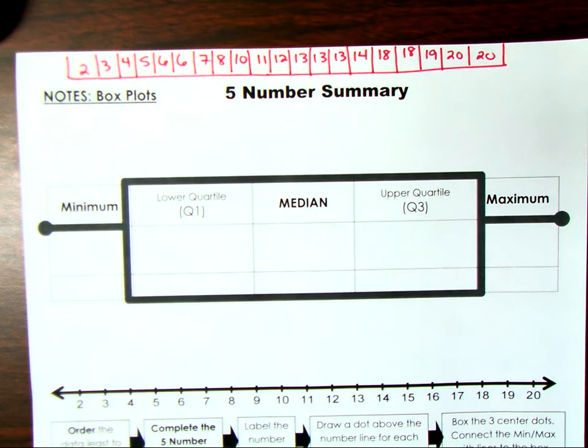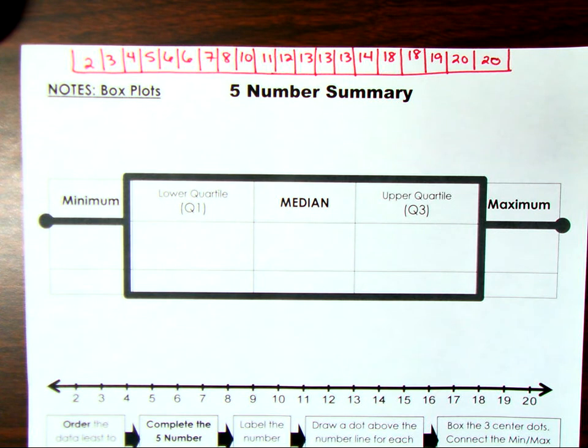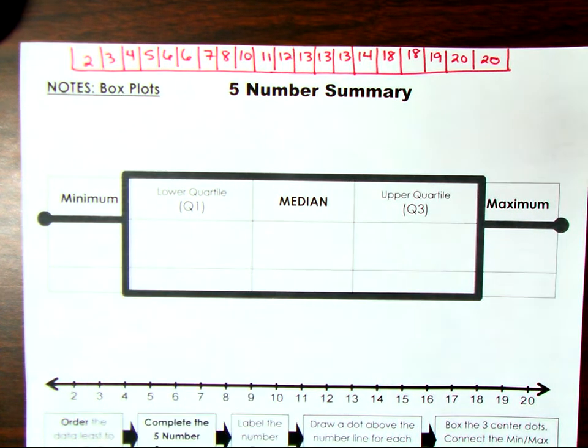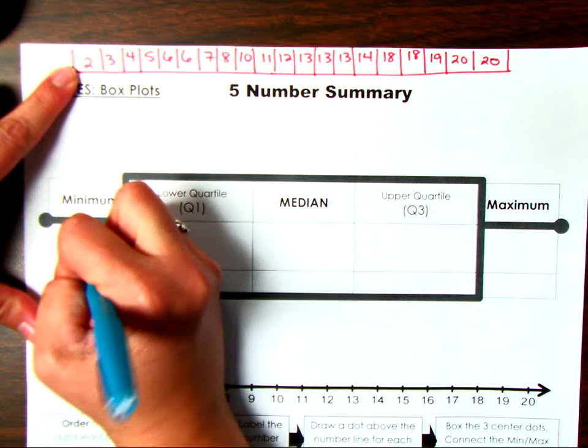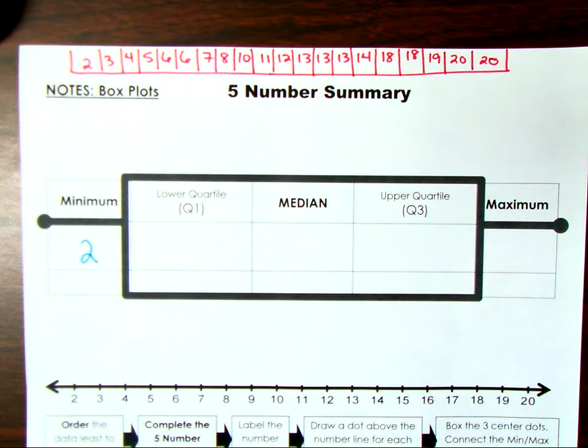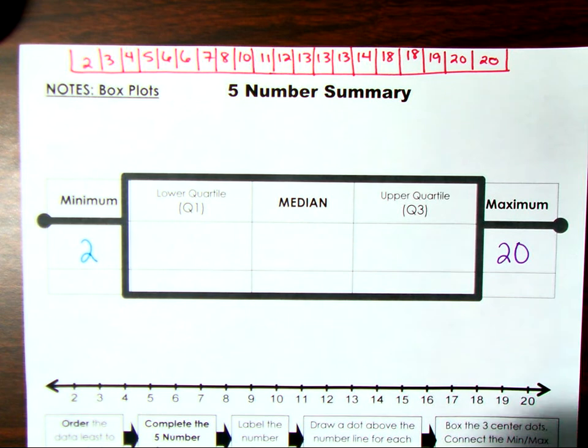If you have a set of data and those numbers are not put in order from least to greatest, that's the first thing you want to do. So let's start with the very beginning. Minimum, that means your smallest number. Because I've already put these in order from least to greatest, I can see that my minimum is 2. Then my maximum, my highest number, is 20.